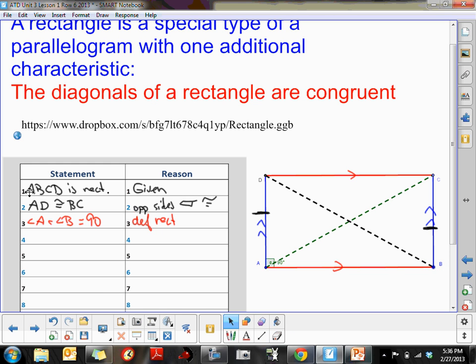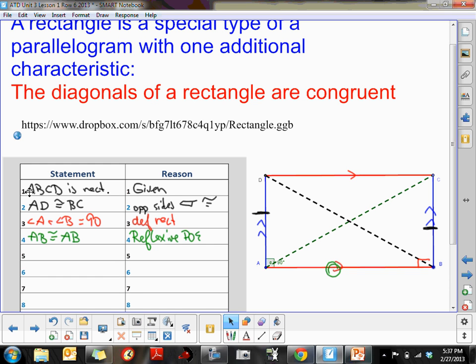So I'm going to clean up our drawing just a little bit. So angle A is 90 and angle B is 90. So now what I got to do is identify the side I'm going to get, side AB. I know that AB has to be the same length in both triangles, by the reflexive property of equality. Now I'm hoping that you're seeing both triangles here. If not, I'm going to identify them. I'm going to try to get that highlighted.